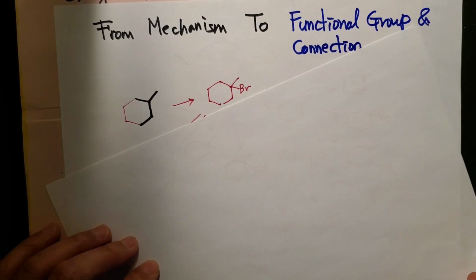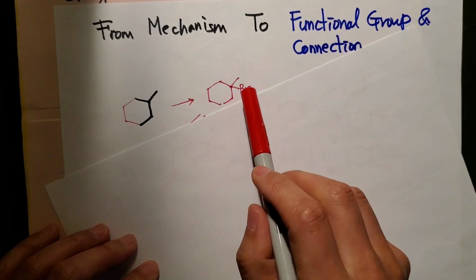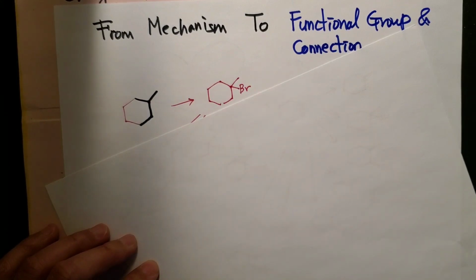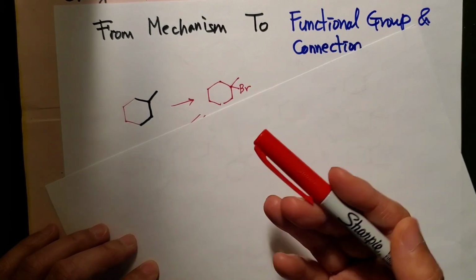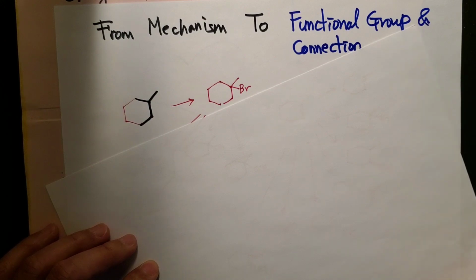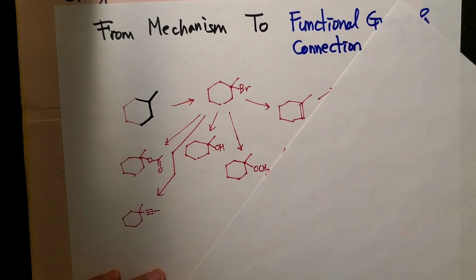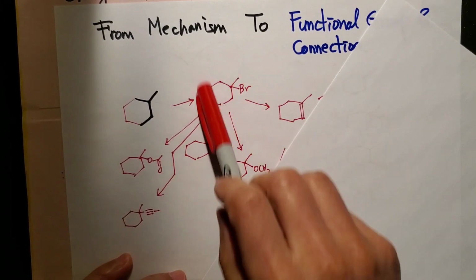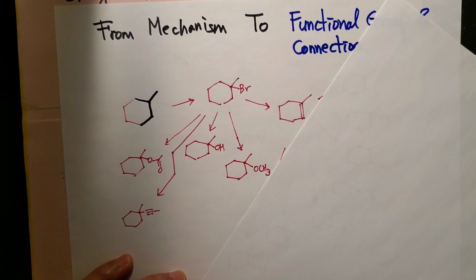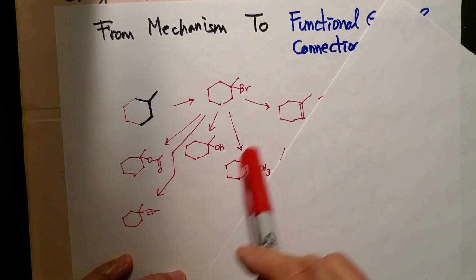Then from there, we learned that we can do substitution and elimination as well. And what do you substitute instead of the Br? A lot of things. So I can tell you, we can do these things, right? This is what I mean by functional group. Alkane can go to the alkyl halide, but then the alkyl halide functional group is connected to these functional groups.